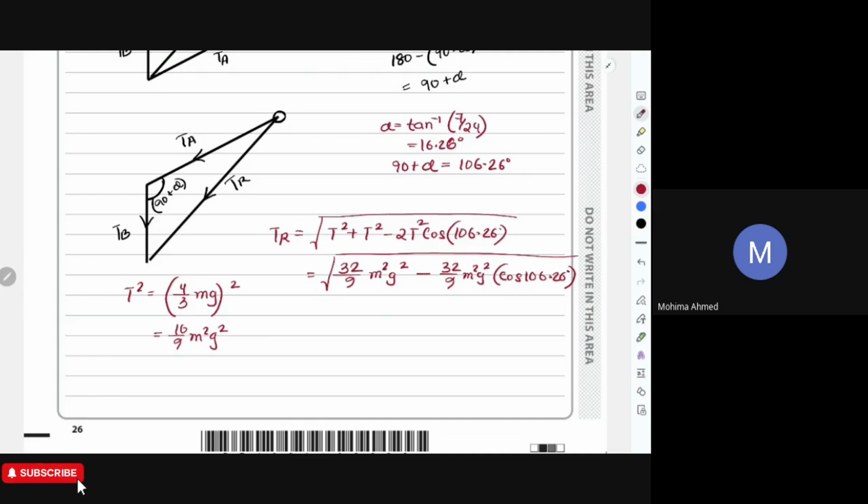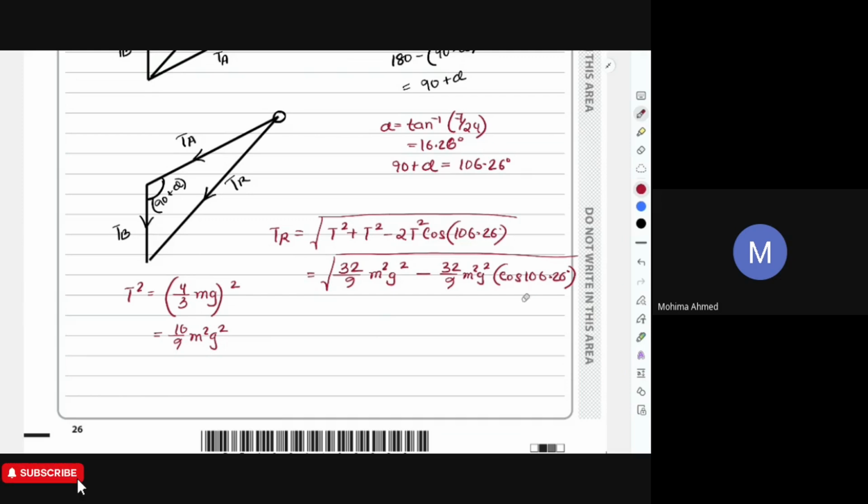This angle value is, by the way, how much? 106. This is your tan 90 plus alpha it was. Can we break this down anyway? Tan 90 is sine by cos.